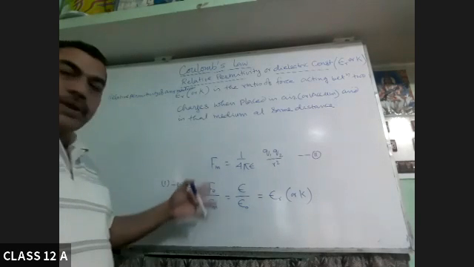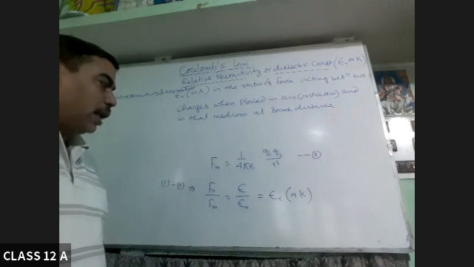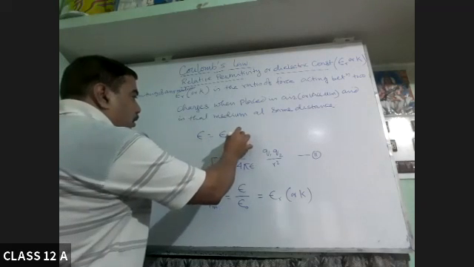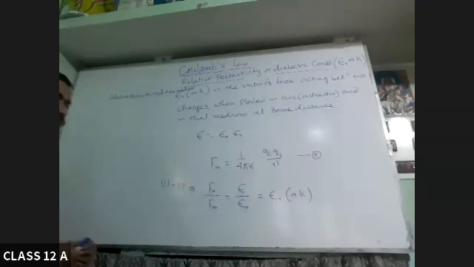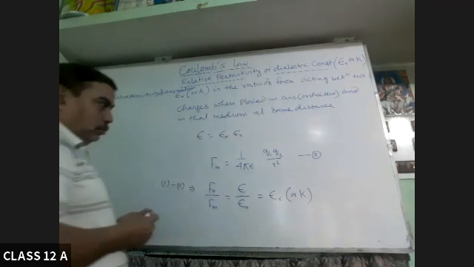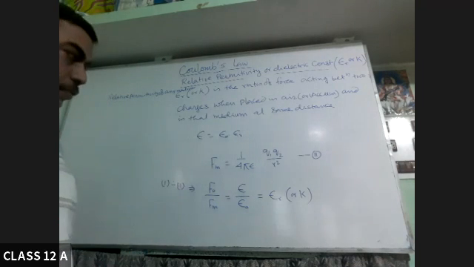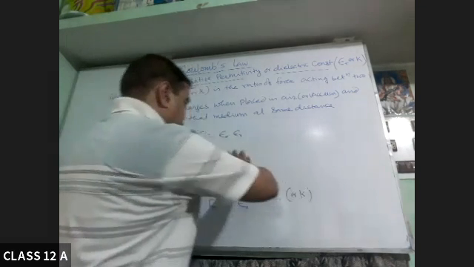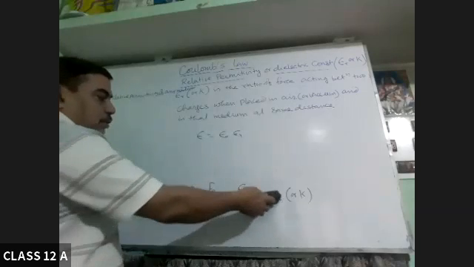So as it is a ratio of the same physical quantity, that means it has no unit. So this epsilon will be epsilon naught, epsilon r, because epsilon over epsilon naught is epsilon r.